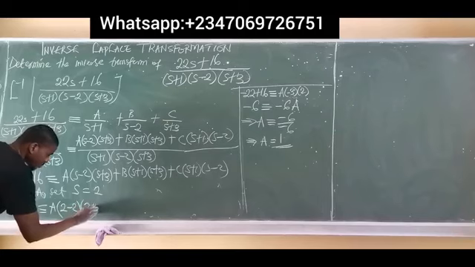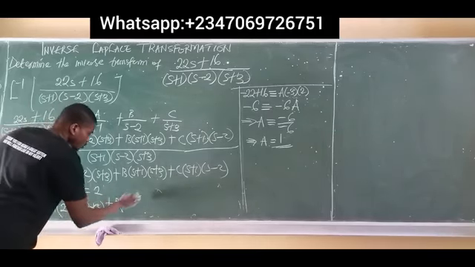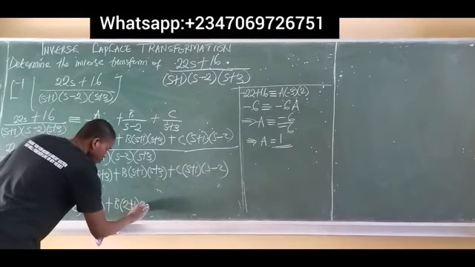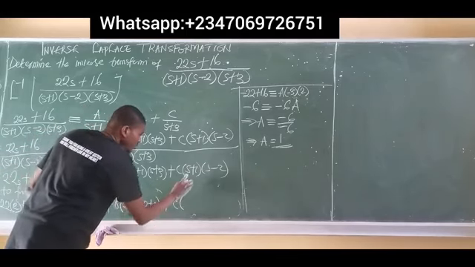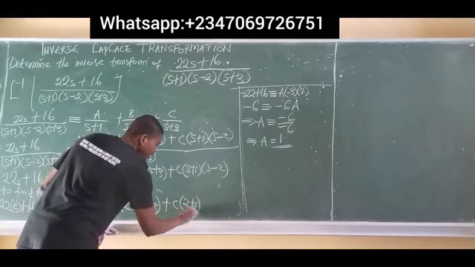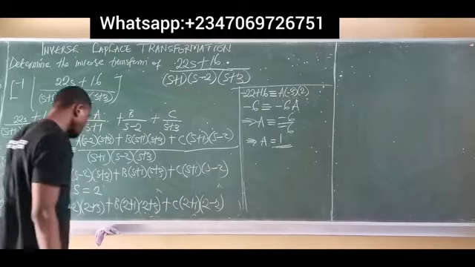S is now 2, so 2 plus 3, plus b into, I have s plus 1. S is 2, so it becomes 2 plus 1, into s plus 3. S is 2, so it becomes 2 plus 3, plus c into 5 into s. S is 2, so 2 plus 1, into s minus 2, and s is 2, so 2 minus 2.